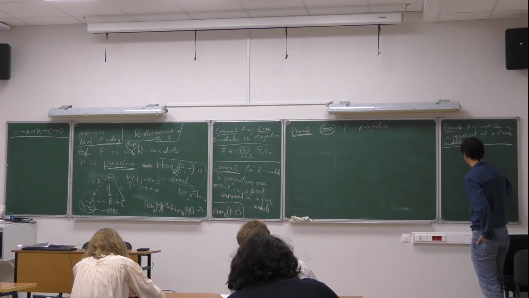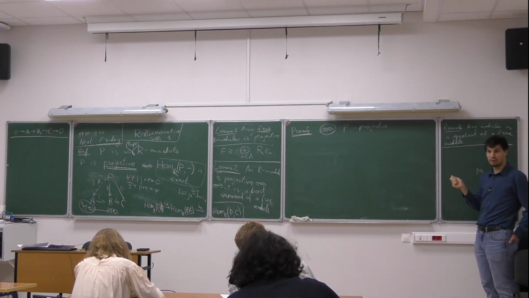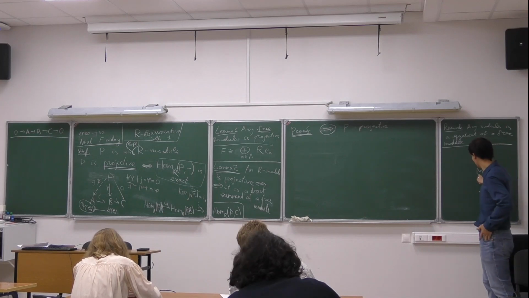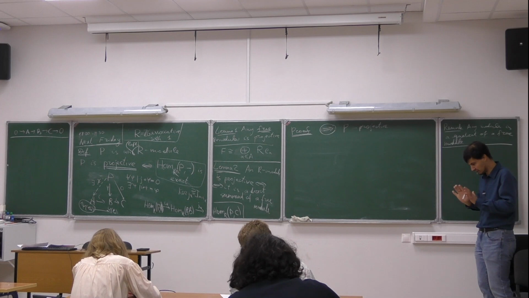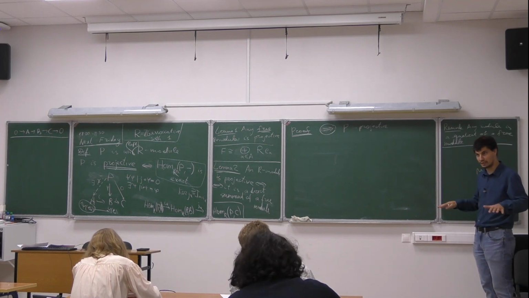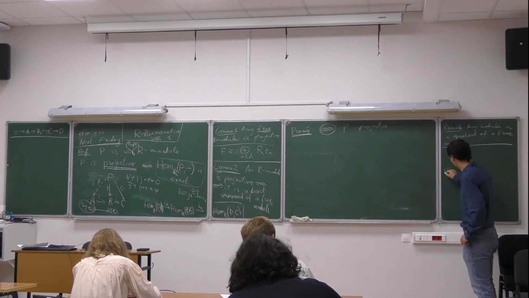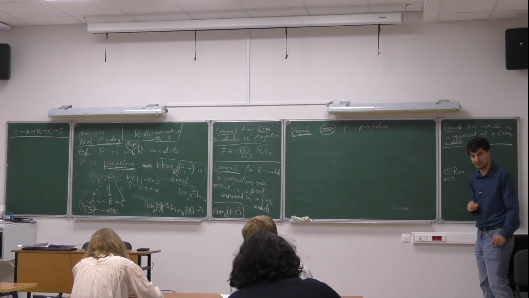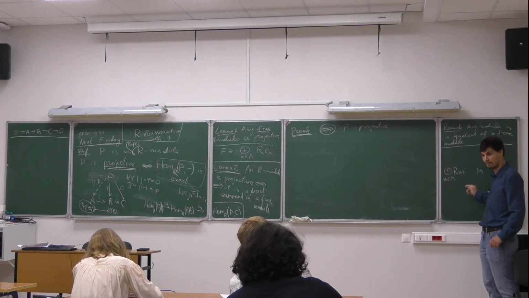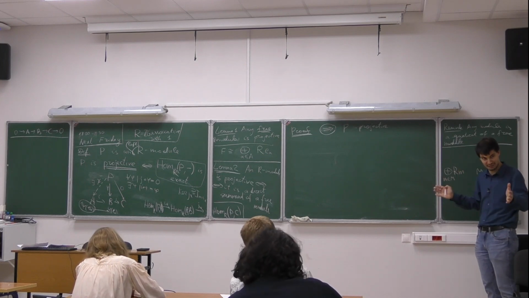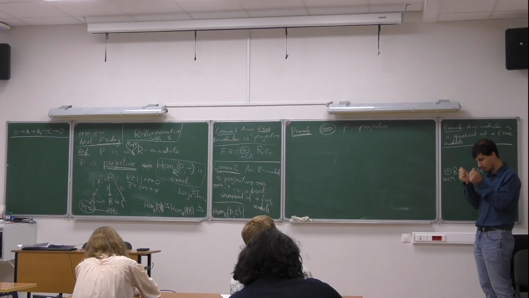Suppose that you have any module M, then just take all elements of M as a set. We can just forget about the structure of the module and consider this just as a set, and take the free module with such a basis. So we take all elements of M, but now forget about all operations. Just take in mind only this set, and take them for new basis elements.